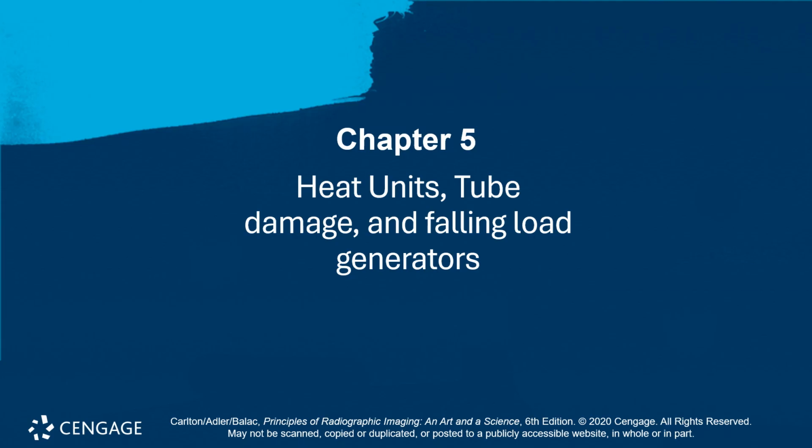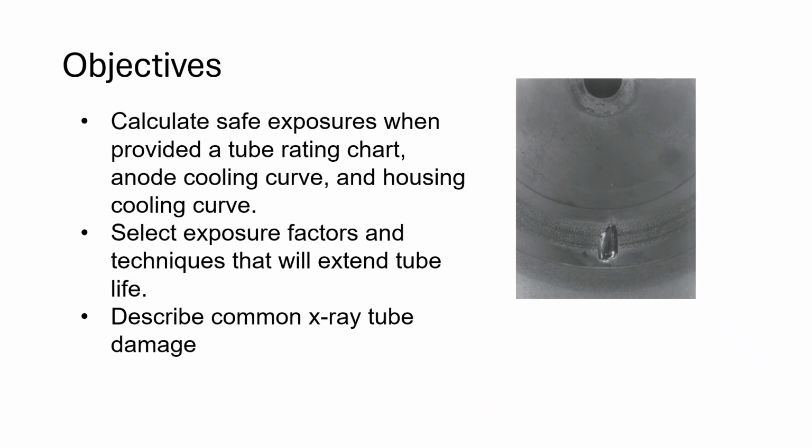So I'm going to tell you about that, in addition to covering heat units, tube damage, and these two different types of charts that we're going to look at. Okay, so for the credentialing exam, you have to do it the way that the techs back in the 70s and 80s did it, which is be able to look at a chart, whether it's a tube rating chart.